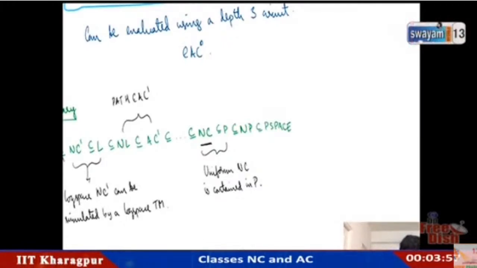And the rest are something that we already know. P is contained in NP, which is contained in PSPACE. So this is a collection of classes that we already know how they relate to each other. Many of these we still don't know which containment is strict or proper.